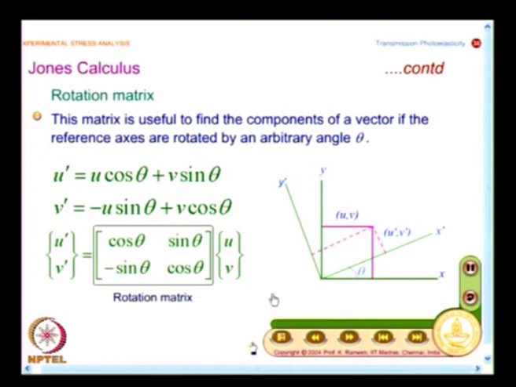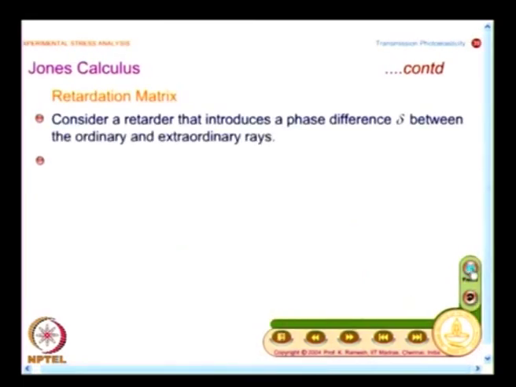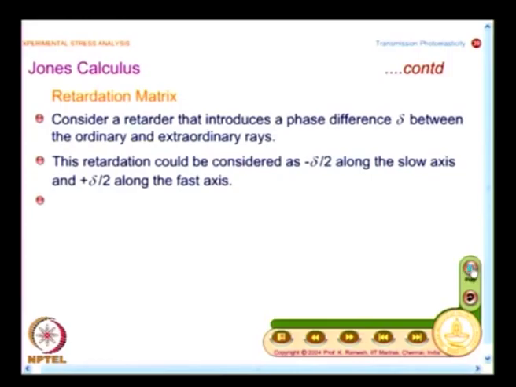We will also try to find out how to represent the retardation introduced within the model by a retardation matrix. What we want to do is, we will consider a retarder that introduces a phase difference delta between the ordinary and extraordinary rays.